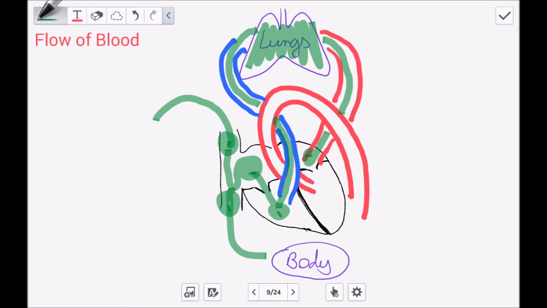From the left atrium, the blood will pass through the mitral valve and come into the left ventricle. From the left ventricle, once systole happens, it will be ejected through the aorta out into the body. The body is going to use it for its metabolism to be able to sustain and maintain pH, produce energy, oxygenate the cells, remove waste, and all of that is going to happen in the body until the blood returns and starts the cycle again.